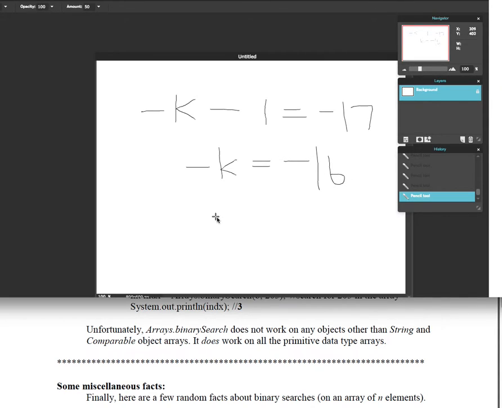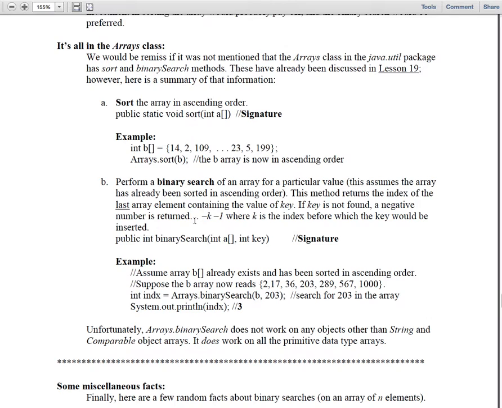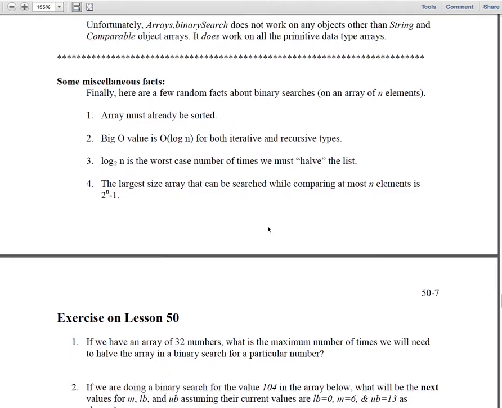And then we divide by -1, so we get k is equal to 16, right? And what does 16 represent? It represents the index before which the key would be inserted. So k is the index before which the key would be inserted.